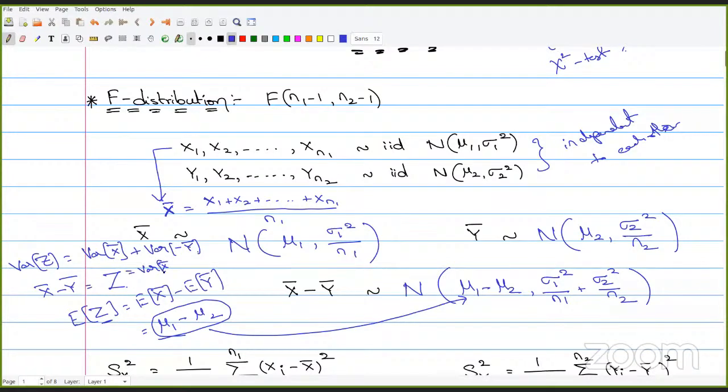So this is the variance of x bar plus the variance of y bar, since minus 1 whole square is actually 1 and doesn't play any role. So this variance plus this variance is the variance of z, the new random variable x bar minus y bar.